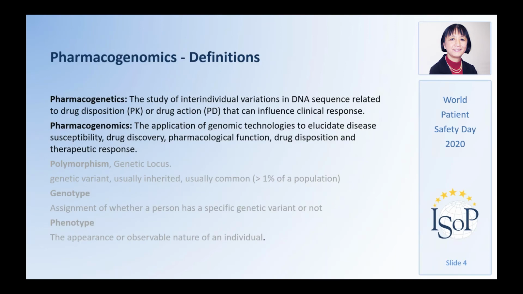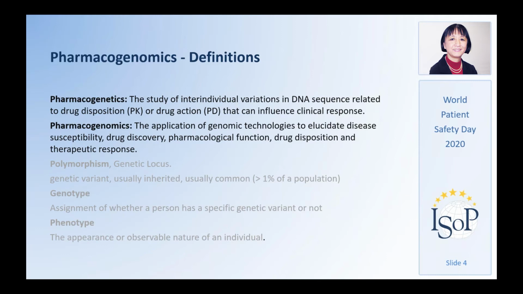Now, what is pharmacogenomics? The term pharmacogenomics sometimes is used interchangeably with another term, pharmacogenetics, which is the study of inter-individual variations in DNA sequence related to drug disposition in pharmacokinetics or drug action in pharmacodynamics that can influence clinical response.